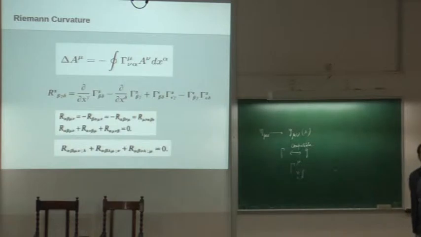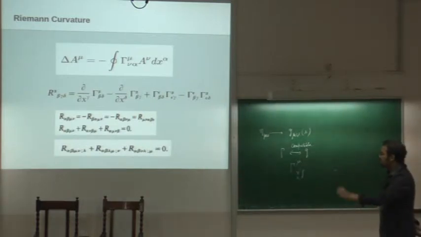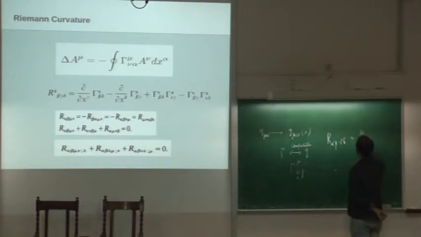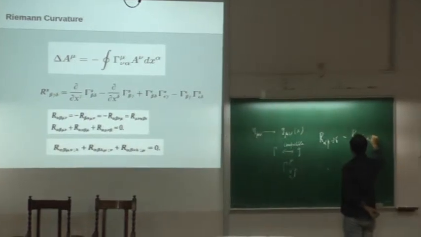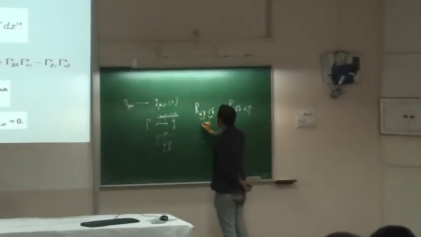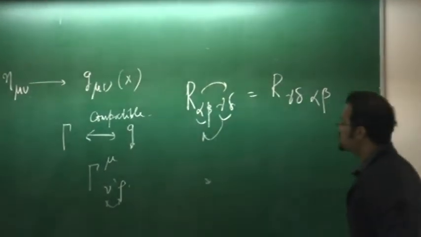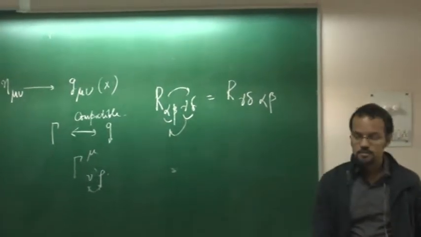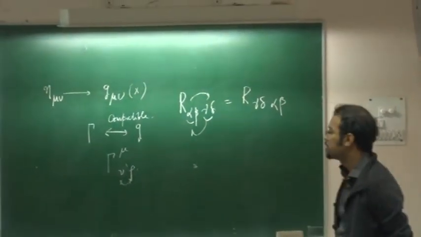And then if you take the 2 at a time and swap them, basically R alpha beta gamma delta equals R gamma delta alpha beta, so if you just interchange these pairs there is symmetry, whereas flipping within a pair, you have an antisymmetry. So it's a very important property.